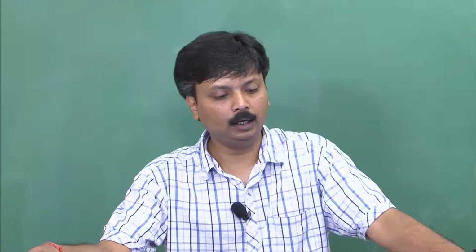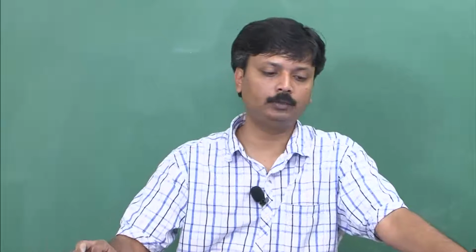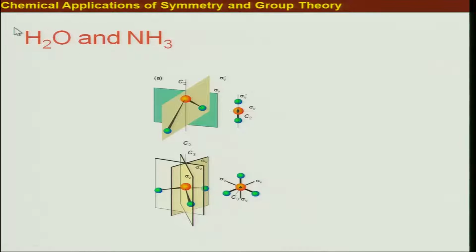So let's start with a molecule which is on your screen, water. This molecule water, which is a bent structure, we have been dealing with for quite some time, and we know exactly what the symmetry elements and symmetry operations are for this V-shaped molecular structure of water.